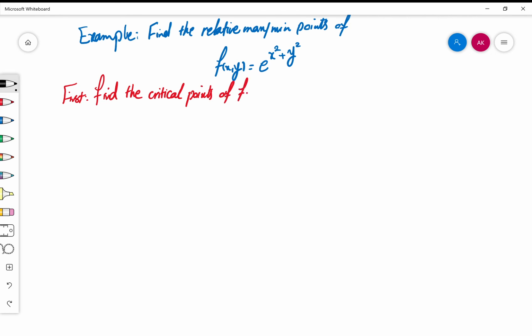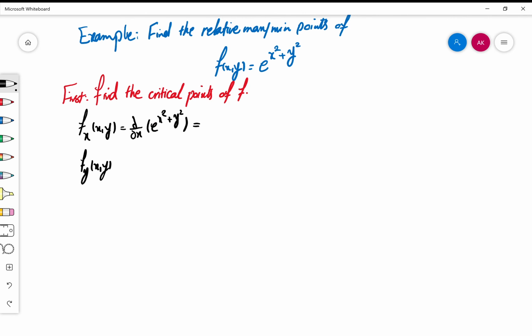So critical points means that we have to find the partial derivatives fx and fy and set them equal to 0. But let's see what is fx. Fx means that I'm differentiating the function e to the power x squared plus y squared with respect to x.